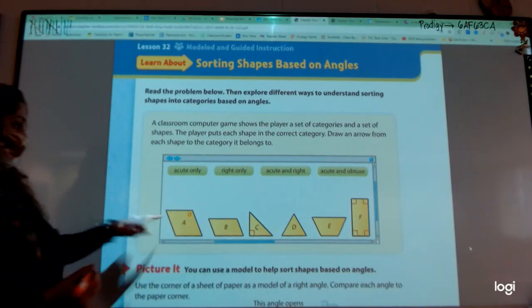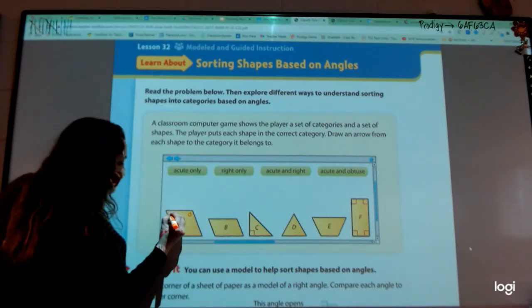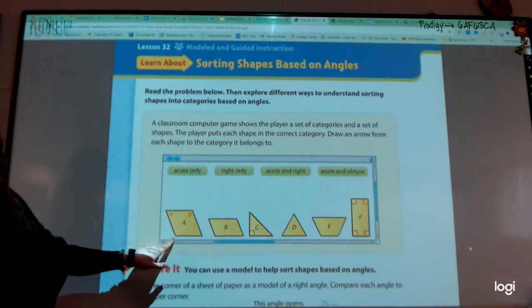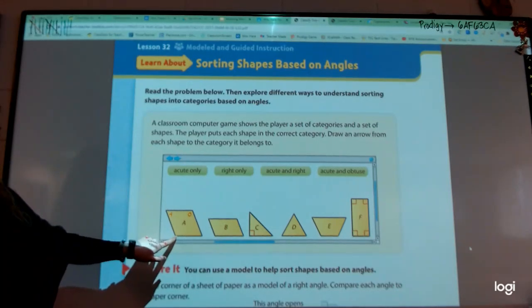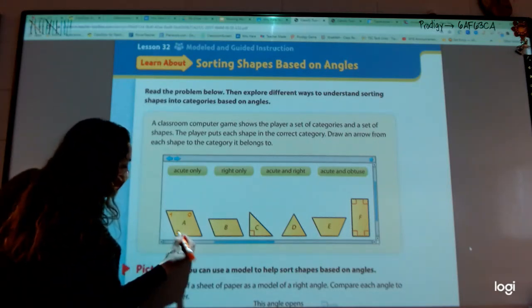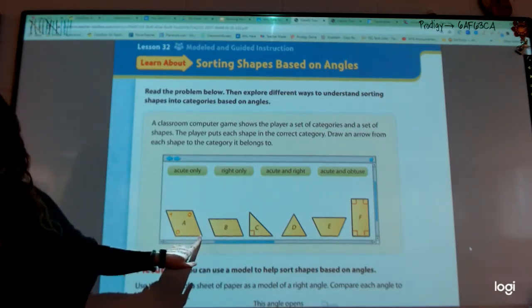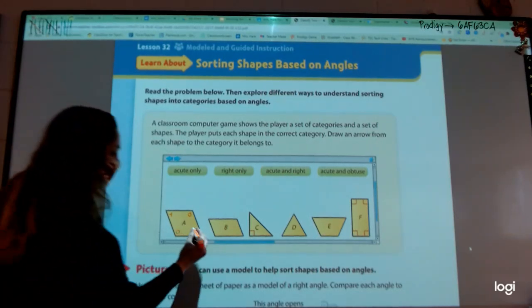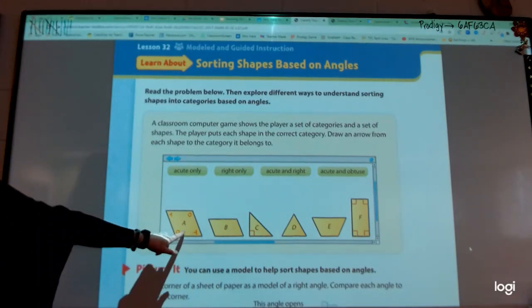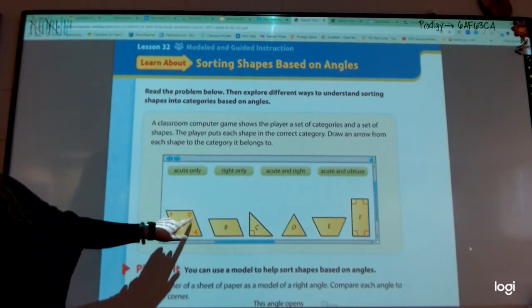Emma? Acute. Bottom left corner. What type of angle do we have here? Angie? Obtuse. Great. It's bigger than 90 degrees. And last but not least, this bottom right-hand corner. Josiah? Acute. Okay. So if we're going to just sort shape A, it has 2 acute and 2 obtuse.